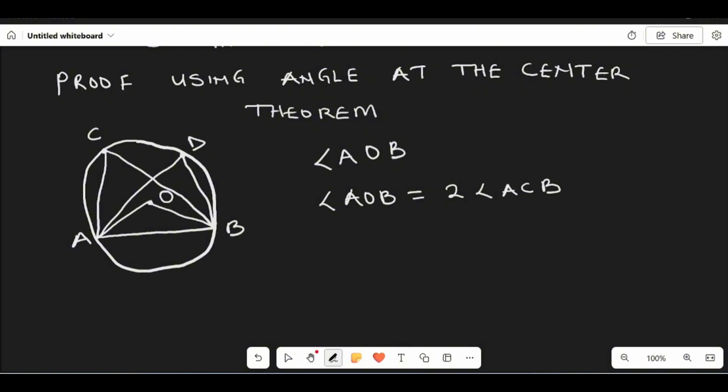And also, using the same theorem, angle AOB is equal to 2 multiplied by angle ADB.